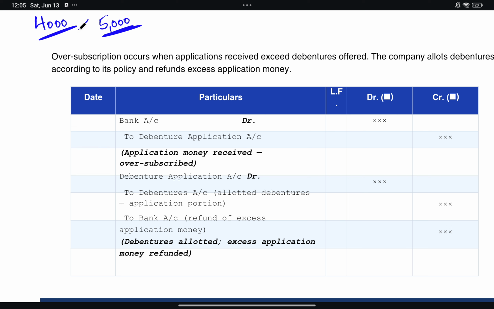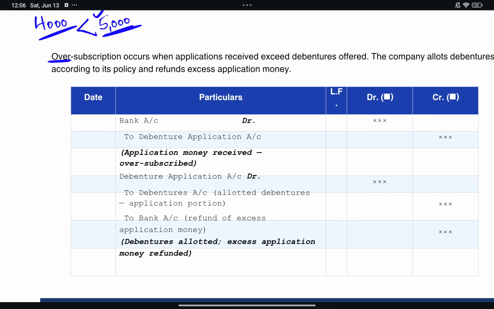So when applications received are more than the debentures offered or issued, that is known as over subscription. Over means excess.